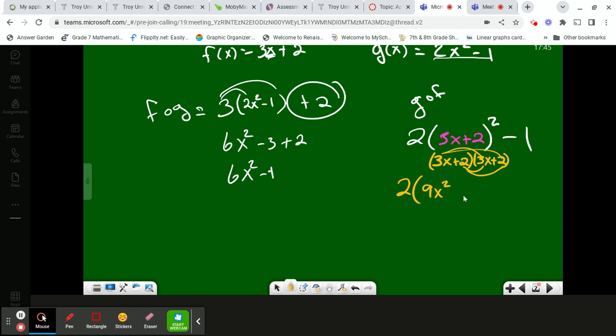Nine x squared, 6x, 6x and 4. So 2 times 9x squared plus 12x plus 4.